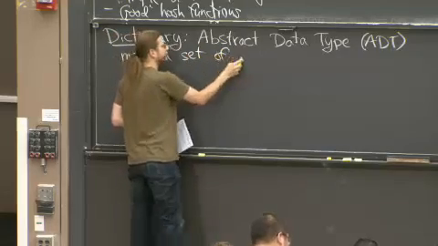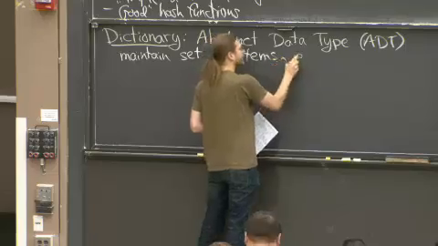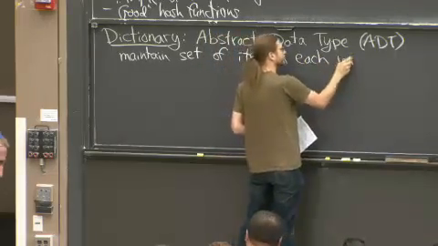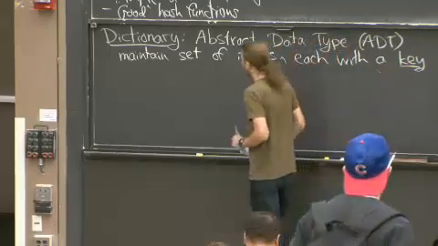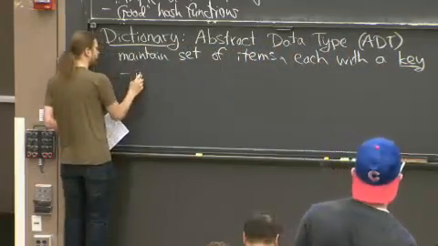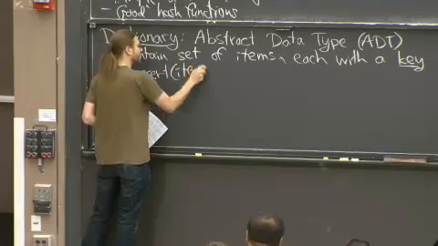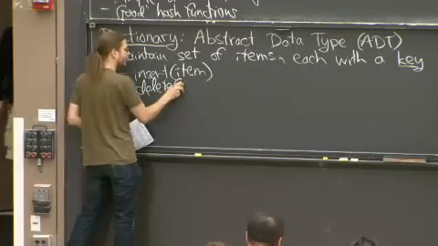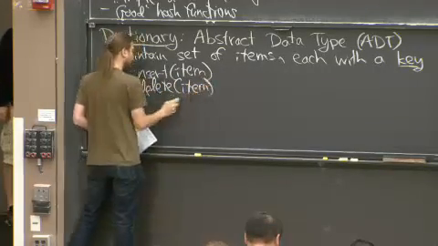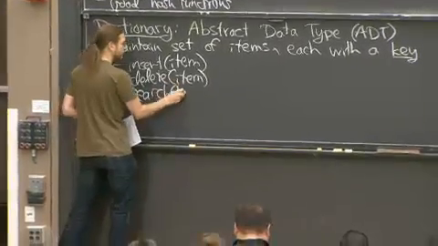So in general, it's going to be a set of items. Each item has a key. And you can insert an item. You can delete an item from the set. And you can search for a key, not an item.